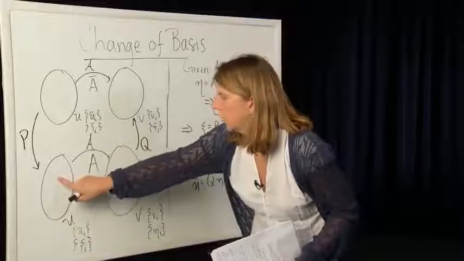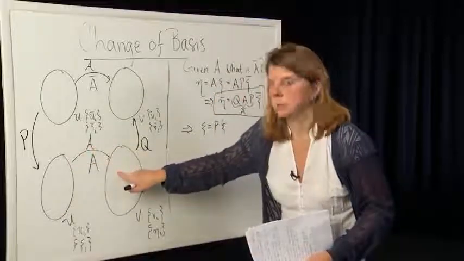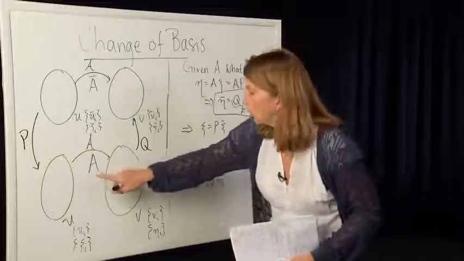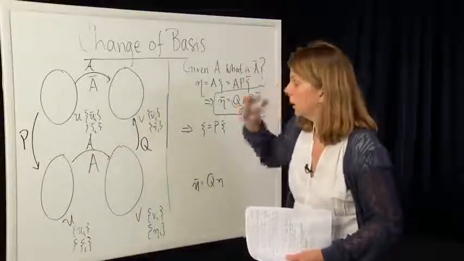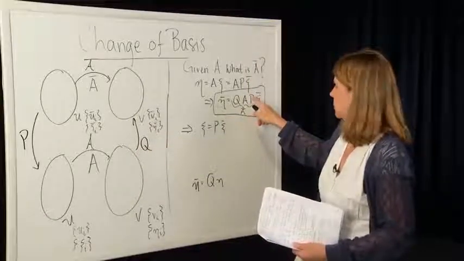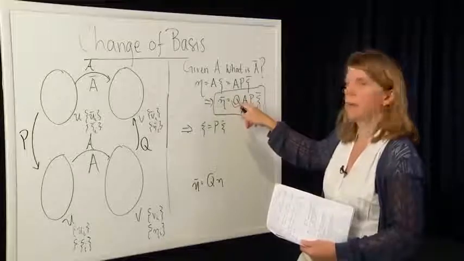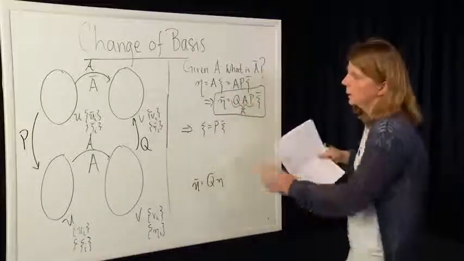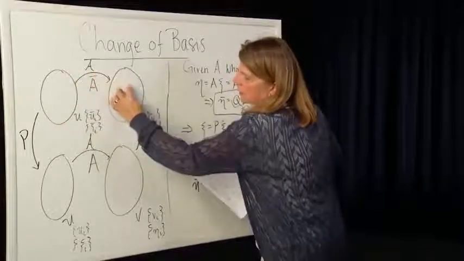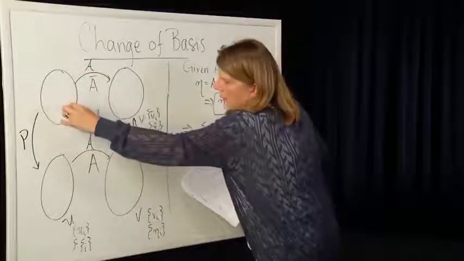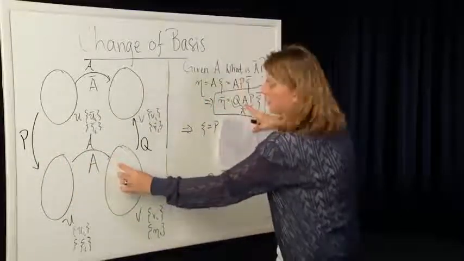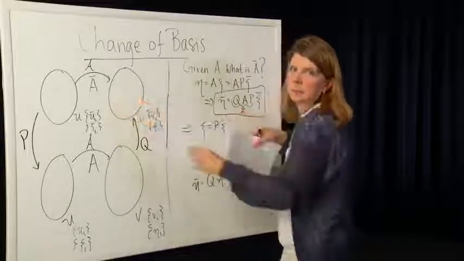If we started here, we could have come over here using matrix multiplication of coordinates by A, or we could follow the matrix multiplication by P and then by A and then Q. So we basically can reconstruct A bar by following this arrow here or by following matrix multiplication by P, and then by A, and then by Q to end up in the same place.